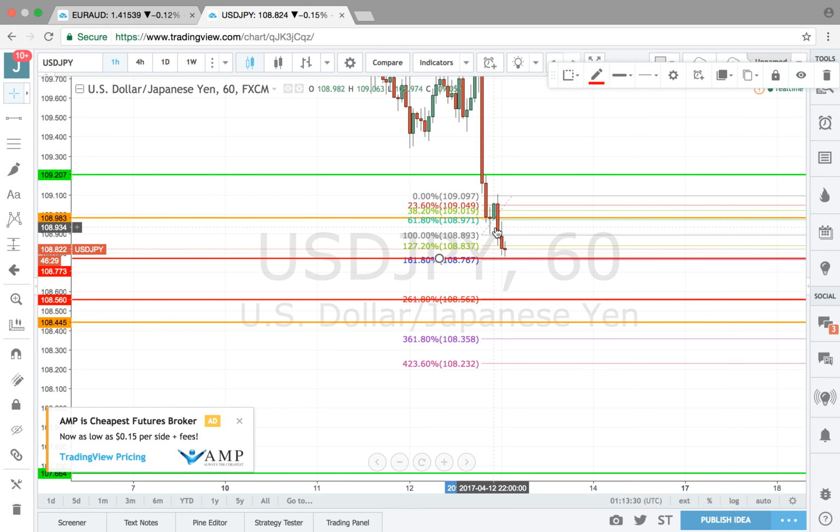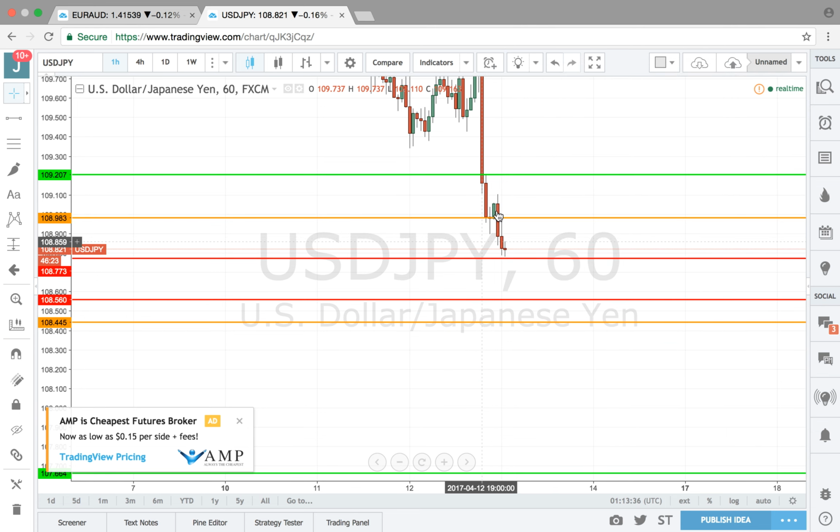So the reason why I'm doing this is because you could see this happen. So this is the 161.8. So you could see this happen, and then this was an extension level on the day. That was an extension level on the 4 hour, and then this was an extension level on the hour.